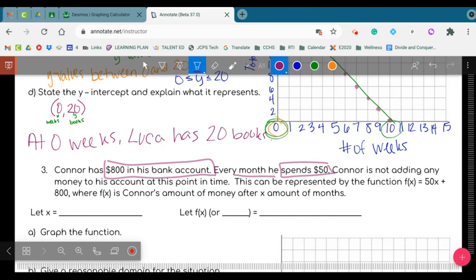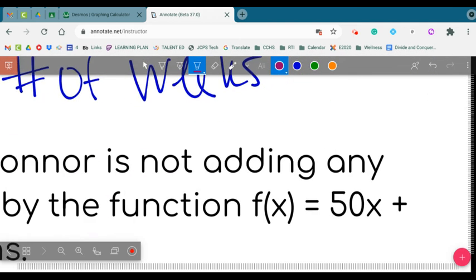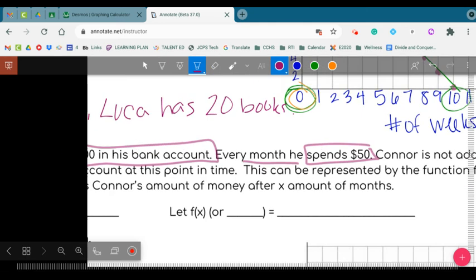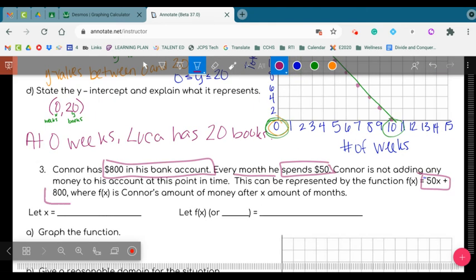This can be represented by the function f of x equals, this should be negative 50 actually, guys, because he's taking it out. Negative 50x plus 800. f of x is the amount of money in Connor's account after x number of months.